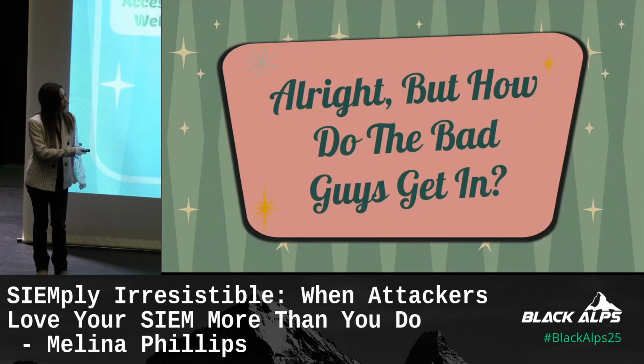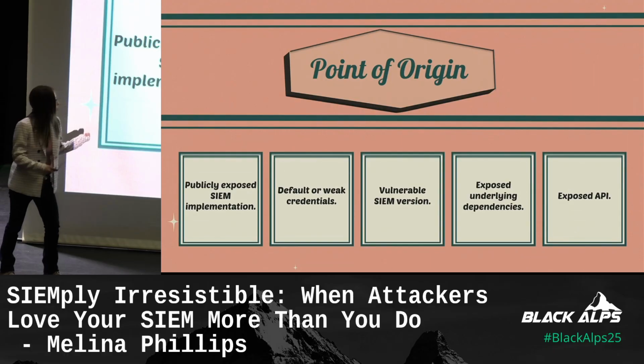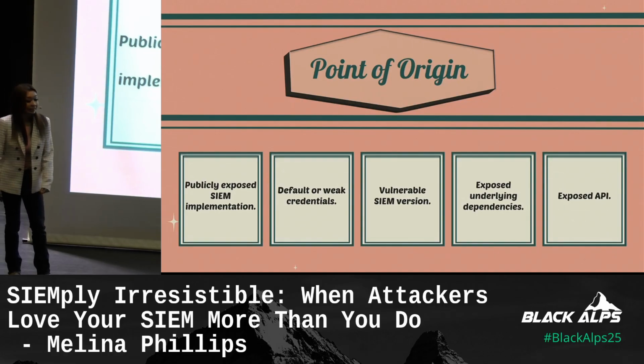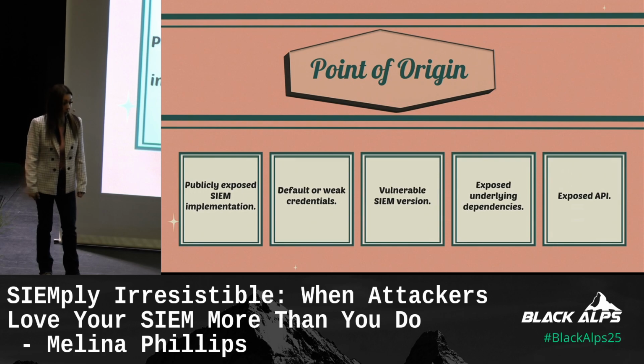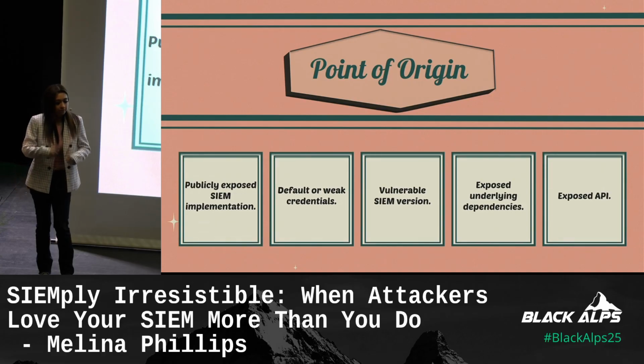Okay, but how do they actually get in? And this is the saddest part of this whole entire publicly exposed SIEM implementation. I initially thought this was just silly me. Who would actually leave their SIEM out in the open? Oh gosh. Default credentials. A lot of people don't really think of password protection or password complexity.